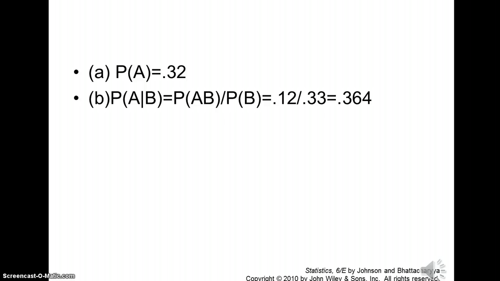In real life, we have examples. For example, if you toss a coin, the first time, the probability of getting a head is 1/2. And the second time, the probability of getting a head is still 1/2. It's not going to be affected by what you get the first time.